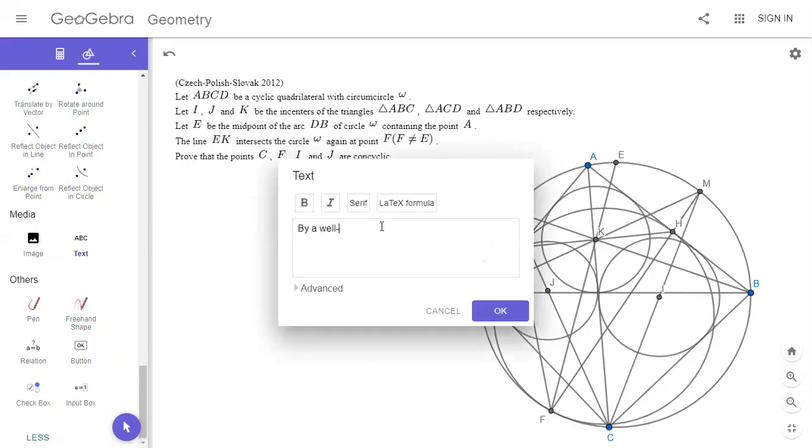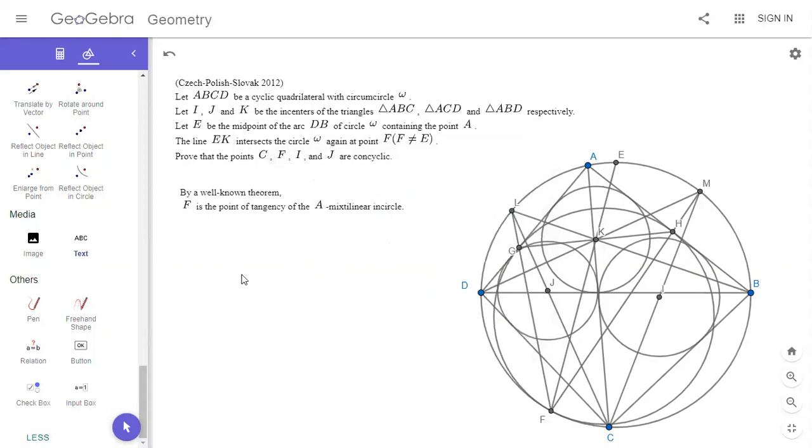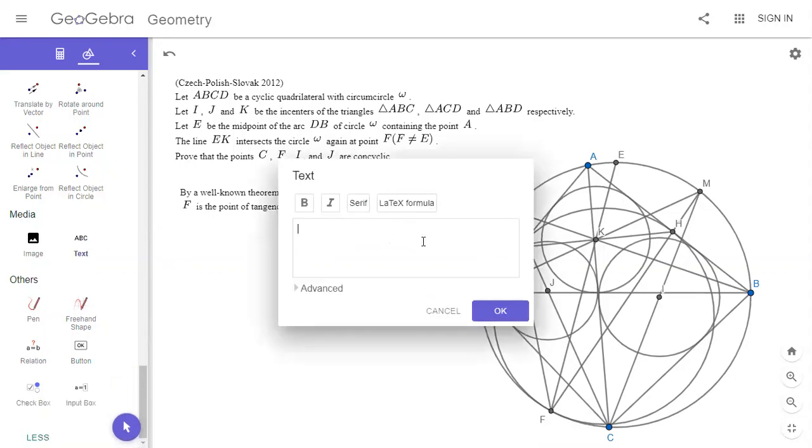So by a well-known theorem, F is the point of tangency of the A mixtilinear incircle. Let me call it omega.